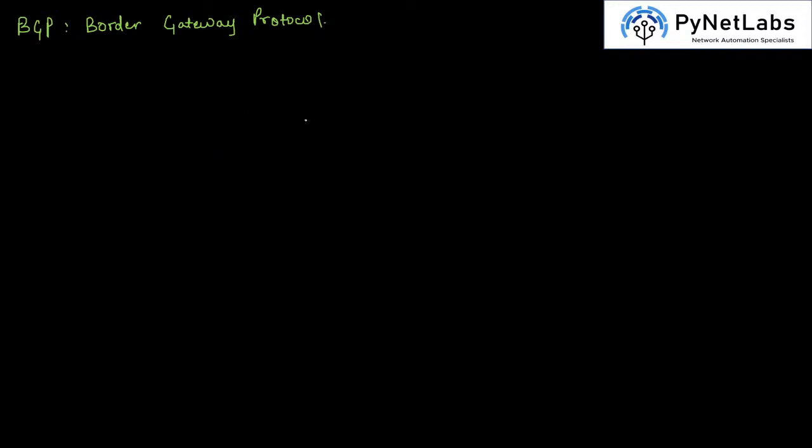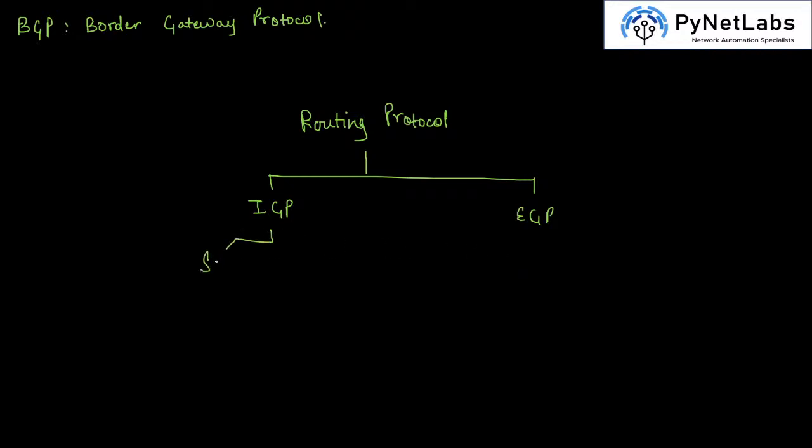Now when we talk about routing protocols, they can be majorly categorized into two categories. A routing protocol can either be an IGP, Interior Gateway Protocol, or an EGP, Exterior Gateway Protocol. Inside IGP you get two options, the static and the dynamic protocols.